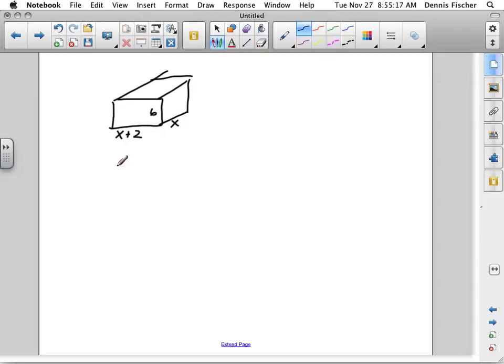How do you find the volume of a 6 by 6 by 6 cube? Or how do you find the volume of a rectangular prism? Length times width times height. Okay, do it.